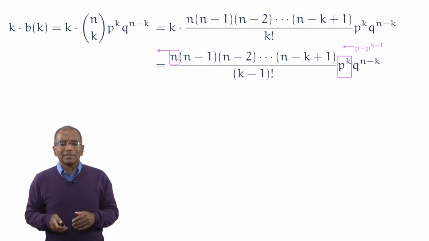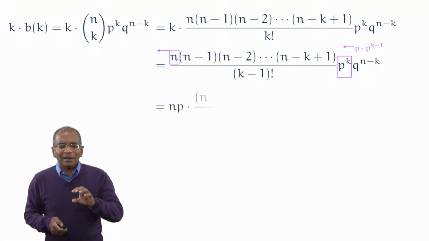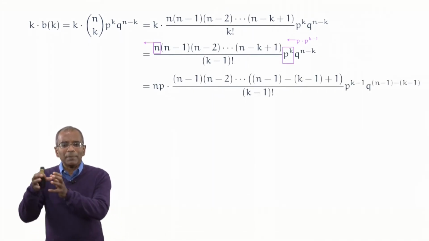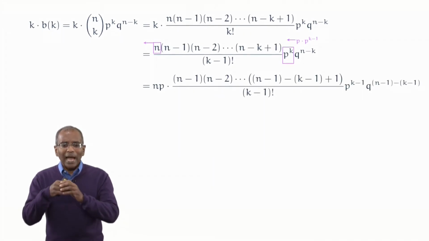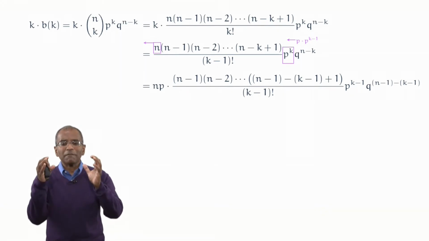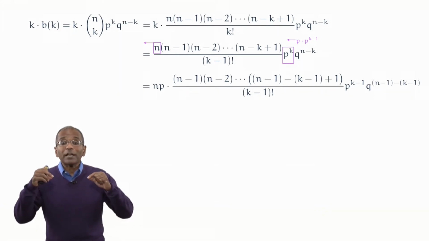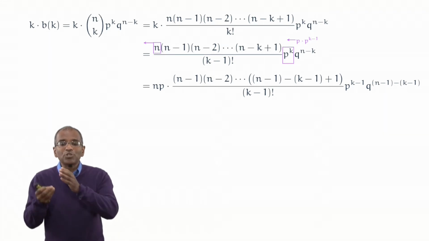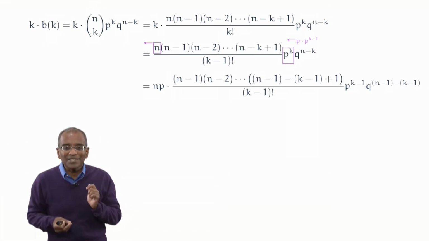Now what do we have? Well, let's simplify it. We pulled a term n and a term p out of the expression, keep it on the left and hold it, and then what remains is a fraction, a falling factorial in the numerator, starting at n minus 1 and proceeding for k minus 1 terms.